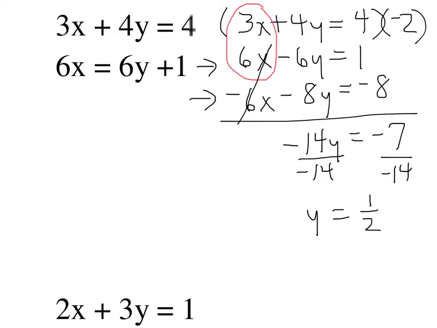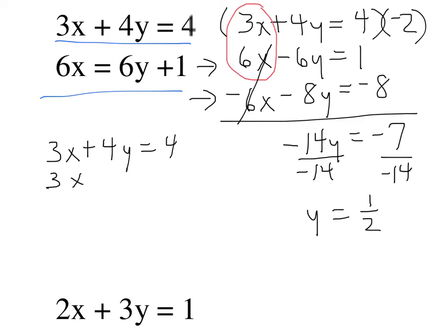You can go to either one of the original two equations. It doesn't matter, just pick one. I'm going to pick the first one, so if we have 3x plus 4y equals 4, and we know now that y is 1/2, let's substitute 1/2 into that equation.